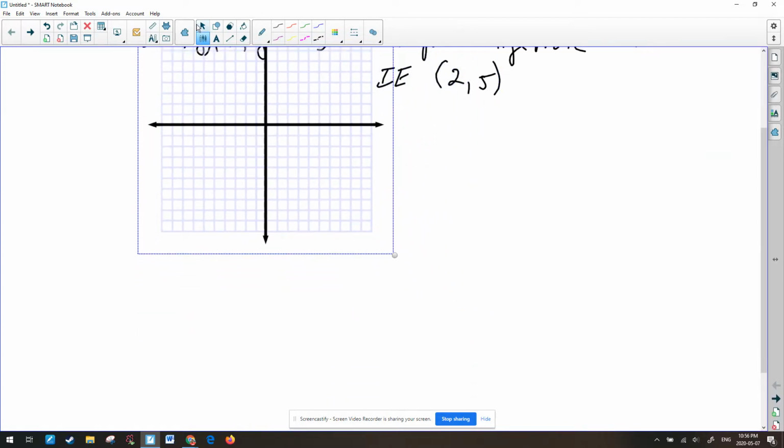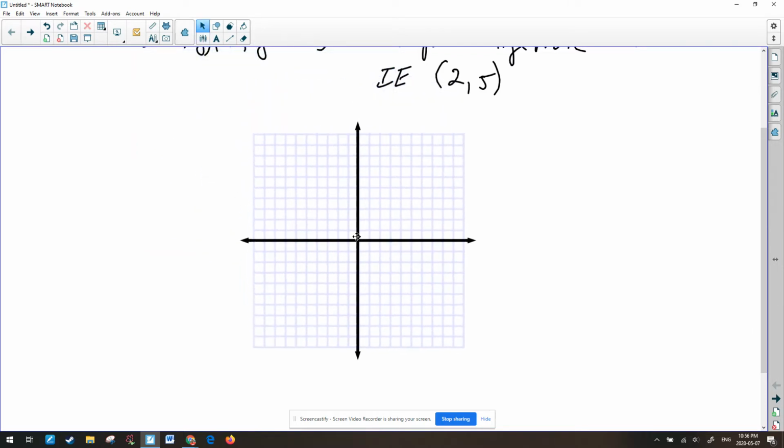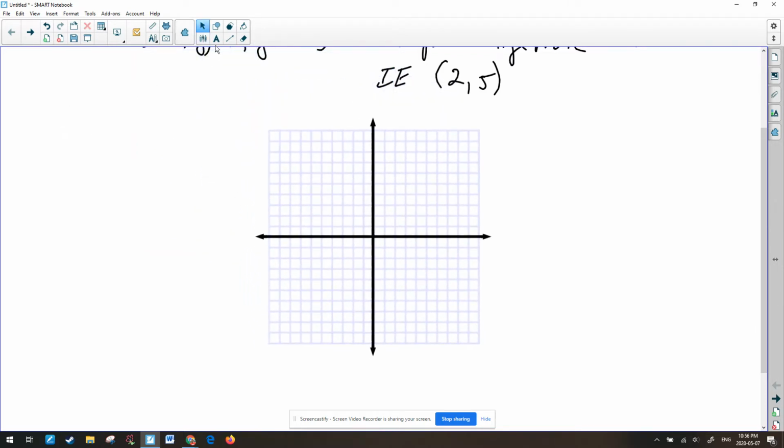So when we go to graph this vector, it's going to go 2, 5. Up we go right here. And the vector itself is going to start from the origin, as always, and its head is going to be at 2, 5, right? And so we would label this vector. We could say this is vector v, and it is the vector 2, 5.